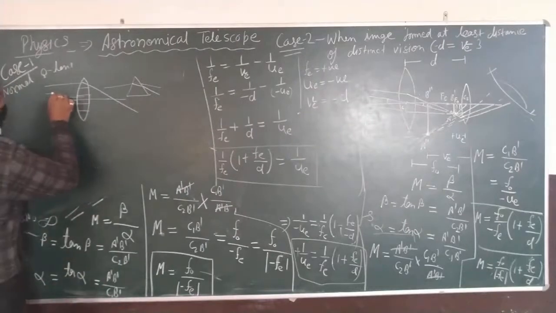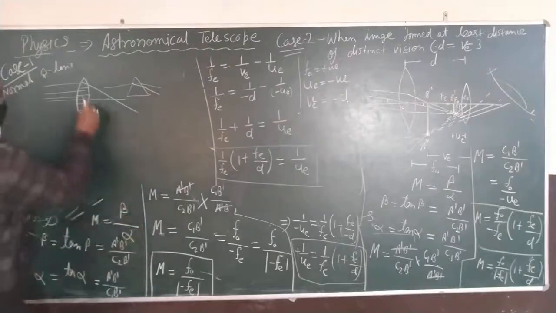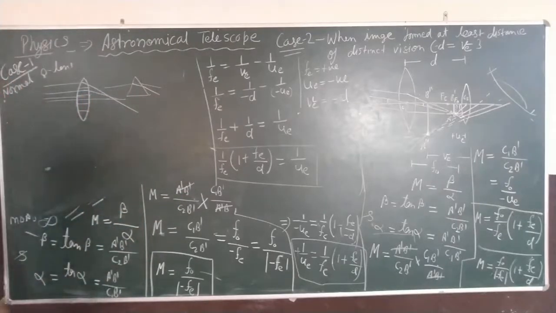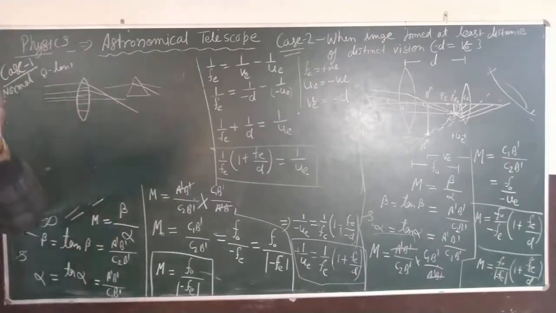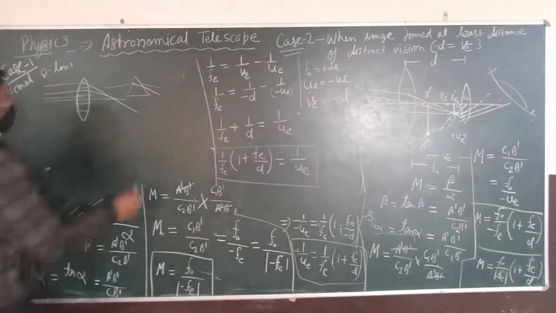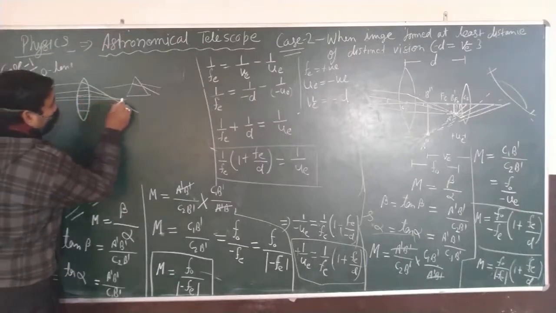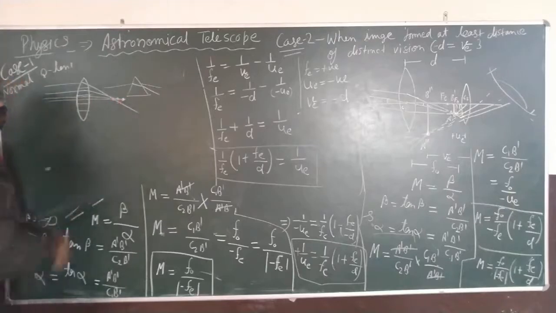The light which is coming from here has less converging power, so this light is weak at this point. Similarly, a light which is here has very little power of convergence, so this light is weak at this point. So we have 3 points of image for this.